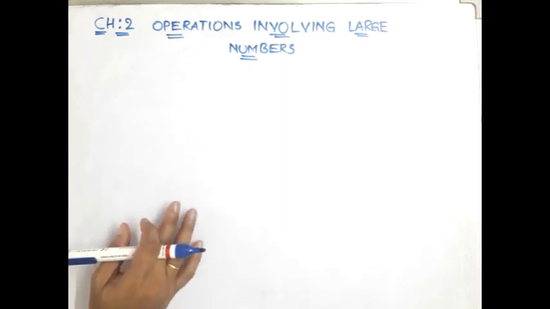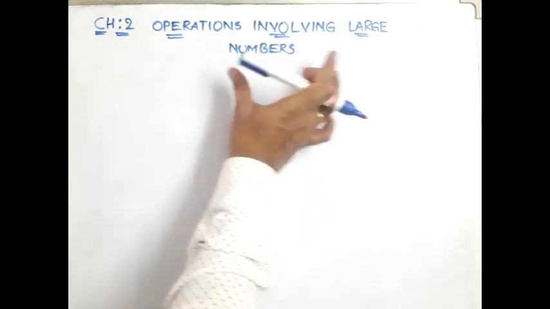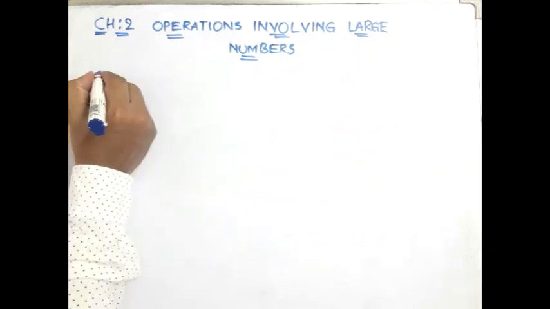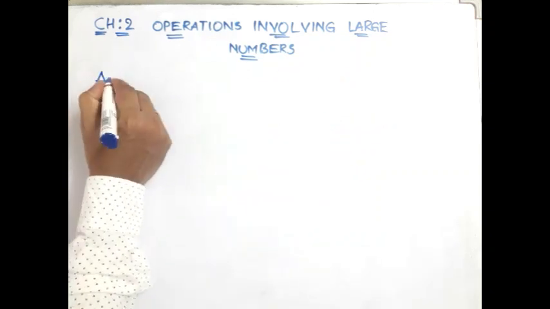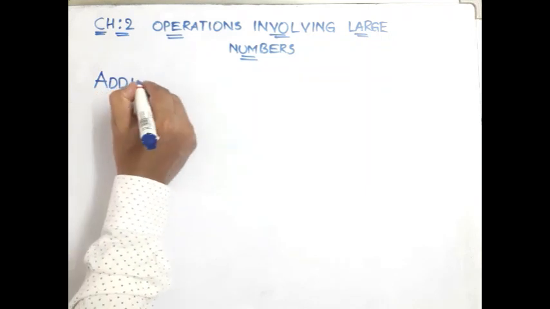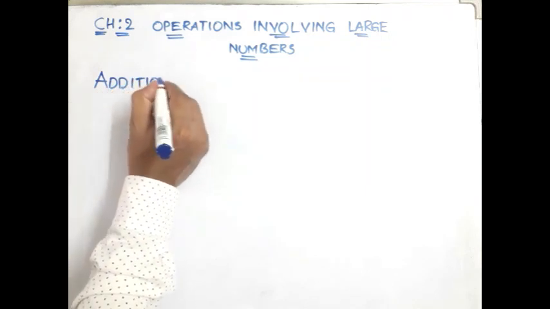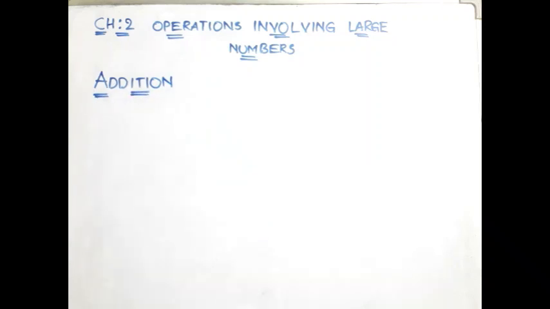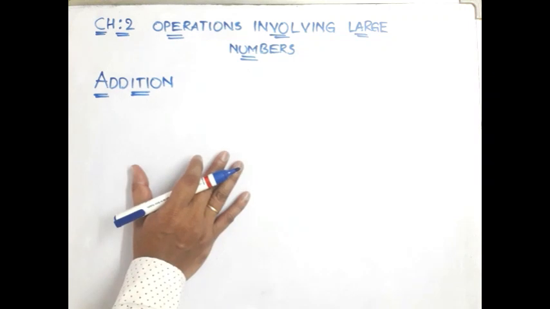So children, in operations involving large numbers, the first concept which we are going to deal with is addition. So as I told, there exist some terms which are to be kept in mind. So we are going to discuss what exactly those terms are.